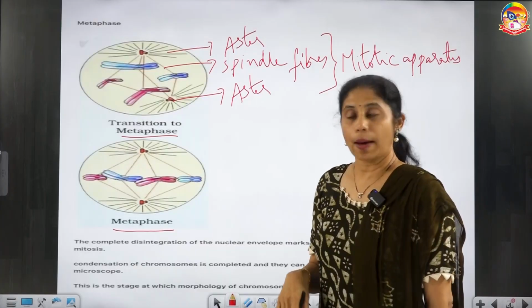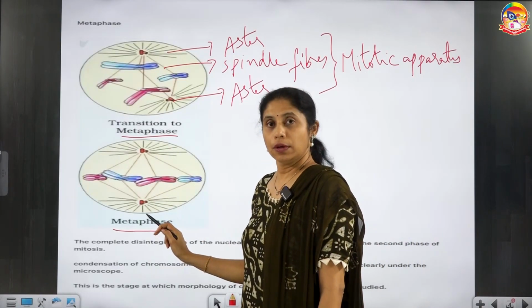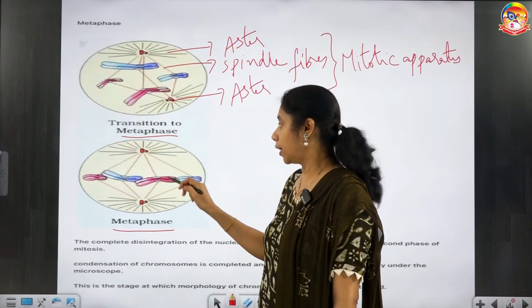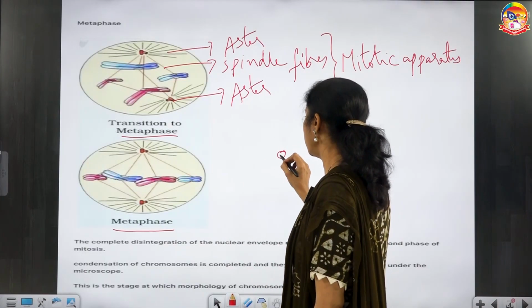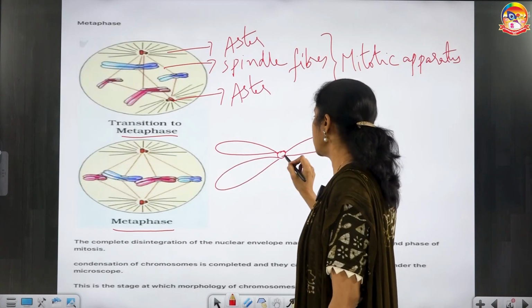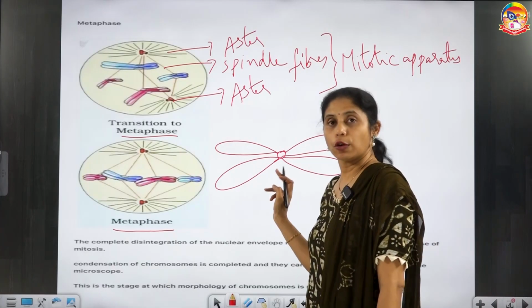In the metaphase, what happened? Asters would have reached already the opposite poles. And now the spindle fibers coming from each pole, they will be connected to the centromeres. Each chromosome, it will be having in the center centromere, because two sister chromatids are connected. Already I told you two sister chromatids are there.